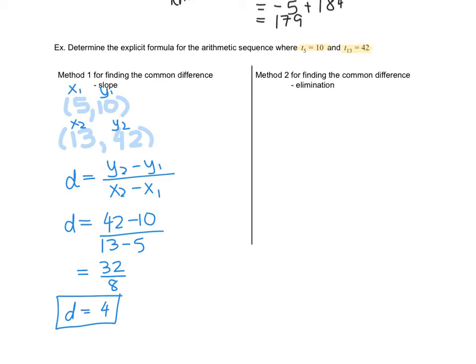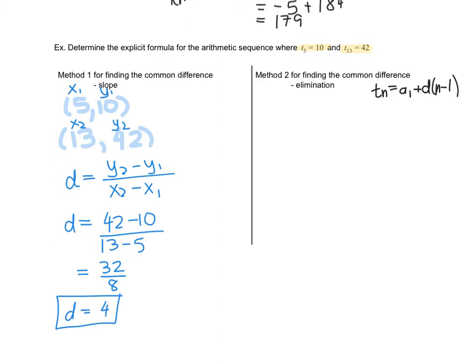So we're back to the previous example. Now, before I continue and find a1, there's another method you can use to find the common difference, and that is, if you're given a term, you can always sub that information into your general formula. So I'm just going to write the general formula quickly up here, just for the visual, and now I'm going to sub it in. I'm just going to start with the 13th term, and I'll explain why in a little bit.